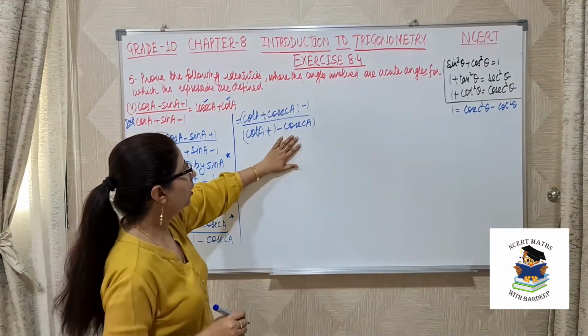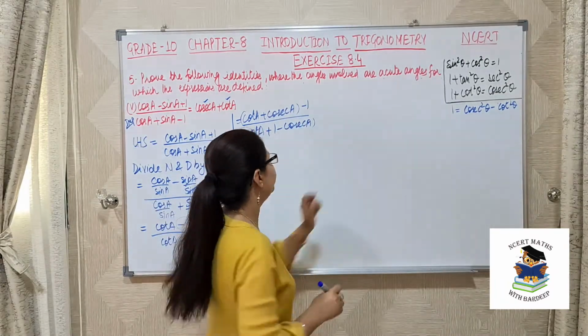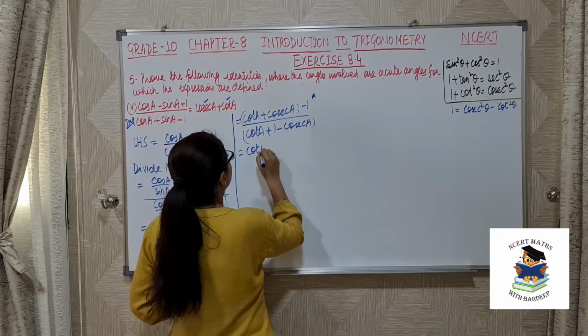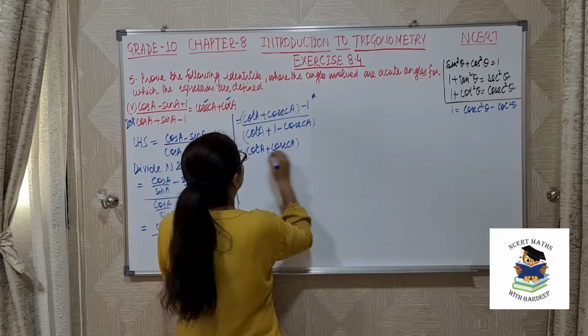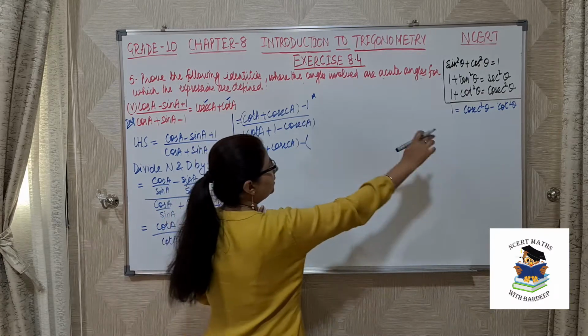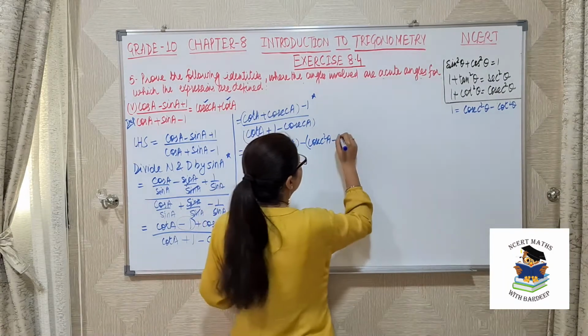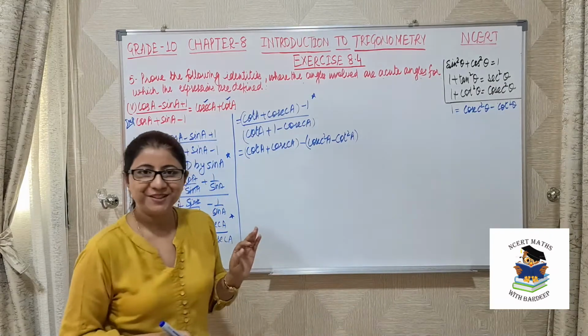Okay, so after this, this 1 will be replaced with the identity. So cot A plus cosecant A as it is, minus 1 is cosecant square theta, or cosecant square A minus cot square A.